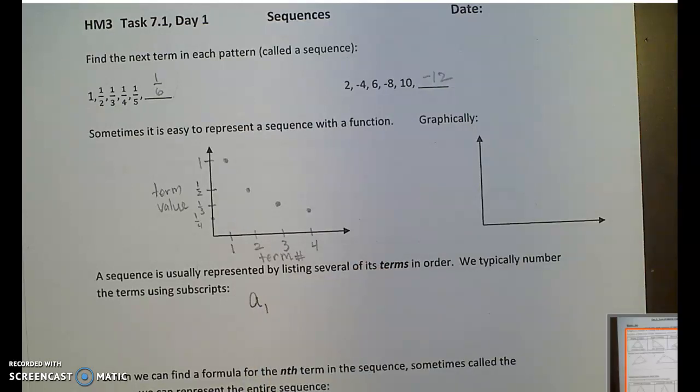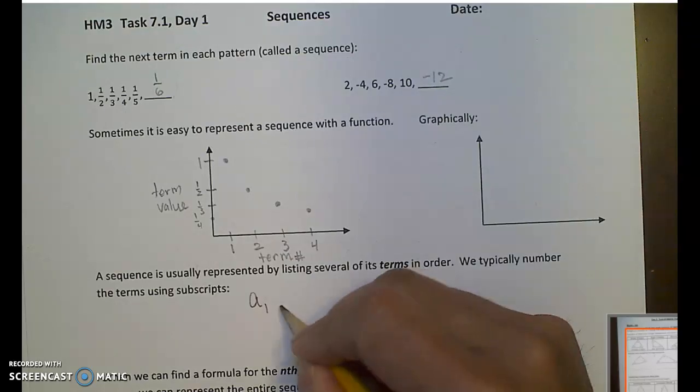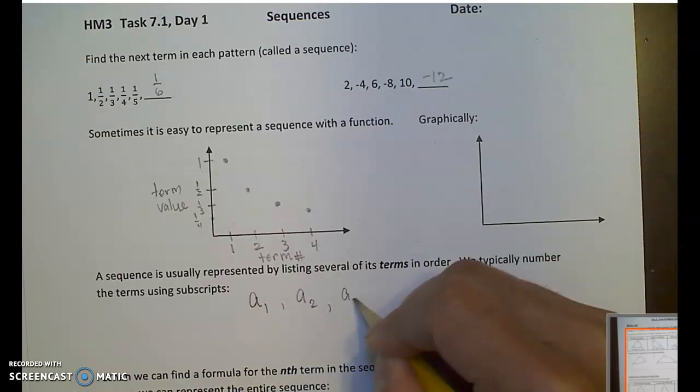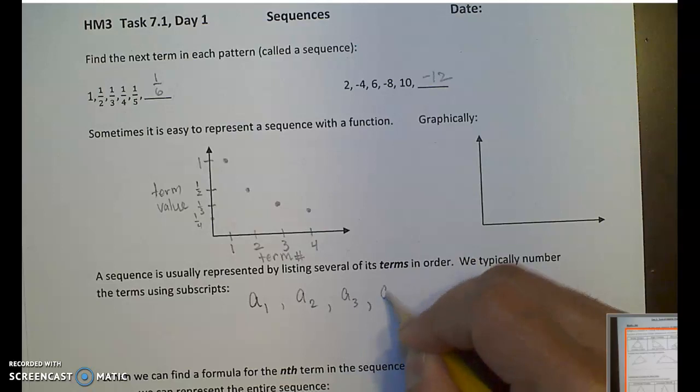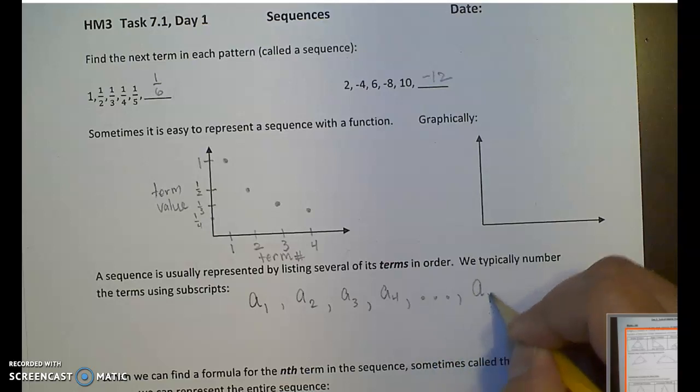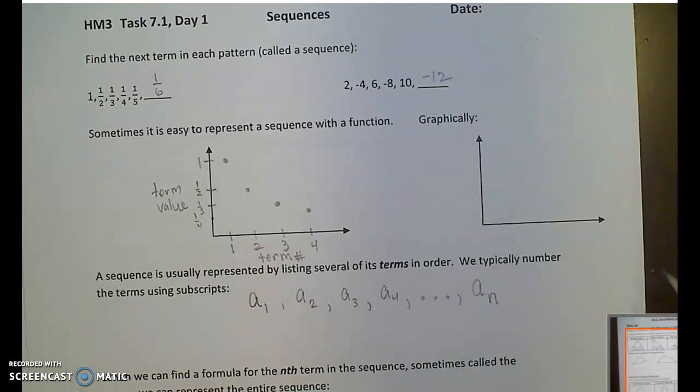So a sub 1 represents the first term of the sequence, followed by a sub 2, the second term, a sub 3 is the third term, a sub 4 is the fourth term, and so on. And this can go on until we get to a sub n, which represents the nth term. Depending on how many terms there are in the sequence, n is going to represent how far we go in that sequence.